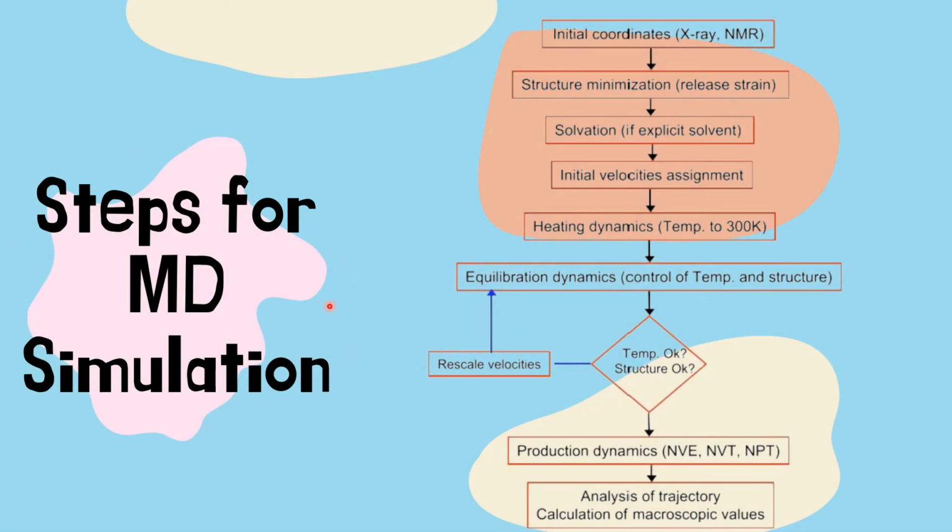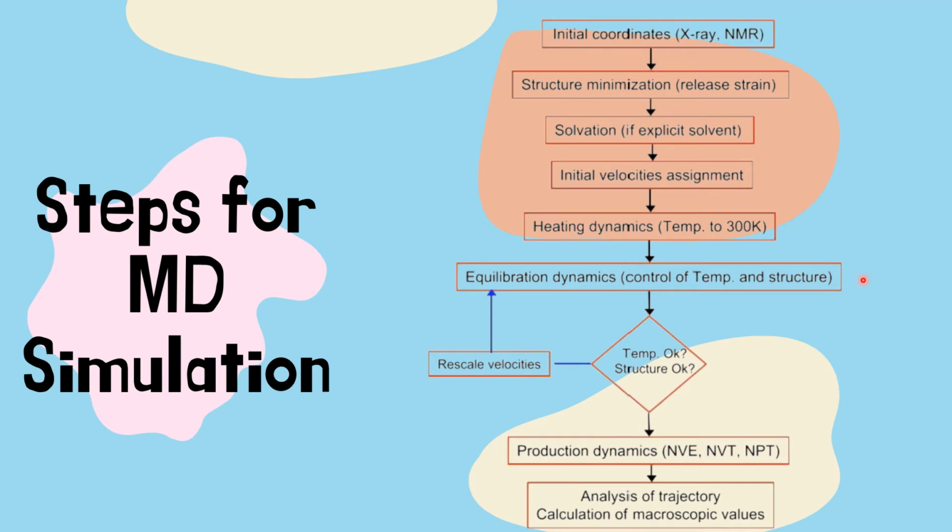The steps involved in the molecular dynamic simulation began by assigning the initial coordinates, followed by structure minimization to find the lowest possible energy conformation. Then solvation was done if explicit solvent was used, and the initial velocities assignment was done after this solvation. Upon heating dynamics, we use a temperature of 300 Kelvin as the optimum temperature for biological living things to work on their mechanism.